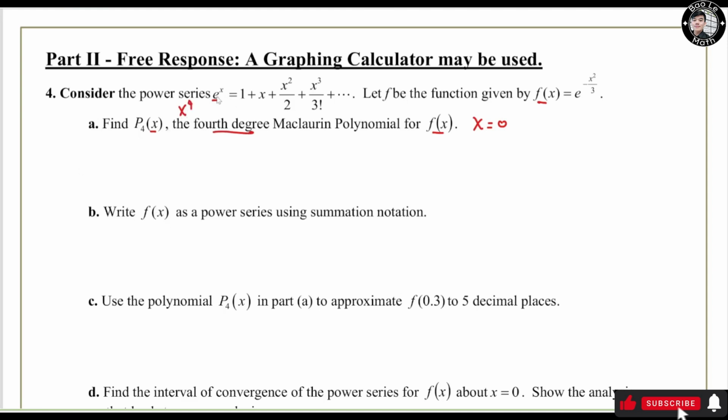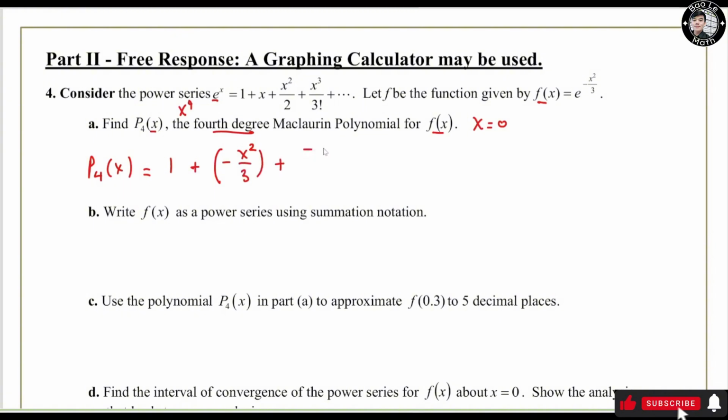So we're going to look at this one. e to the s equals this one. We need to find e to the negative s squared over 3. So we replace s with negative s squared over 3. So we have p sub 4 of s equals 1 plus negative s squared over 3, right?